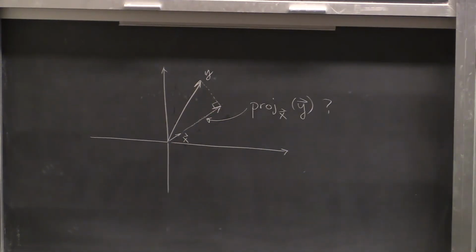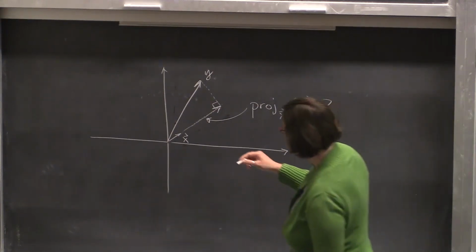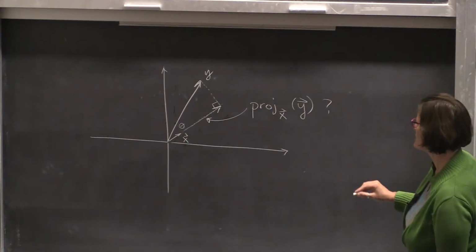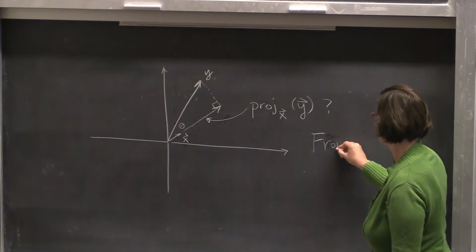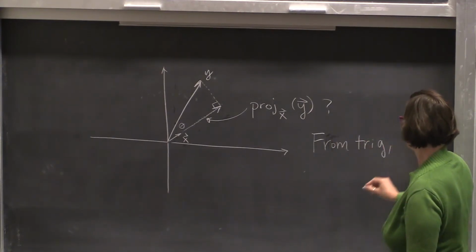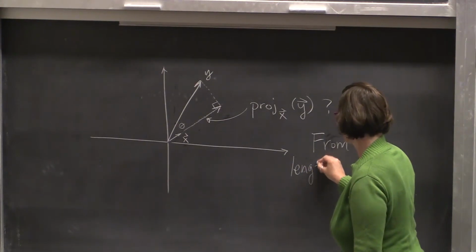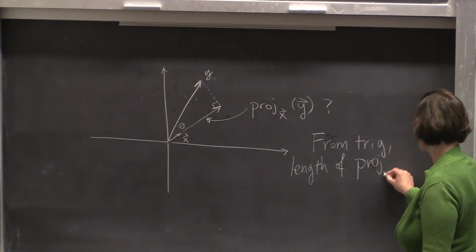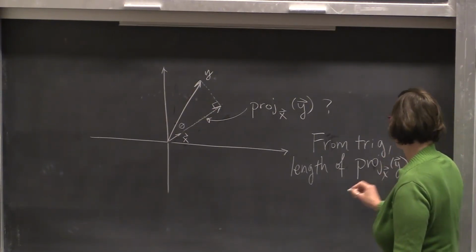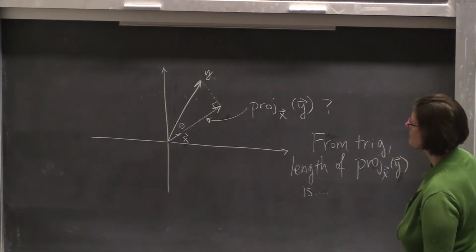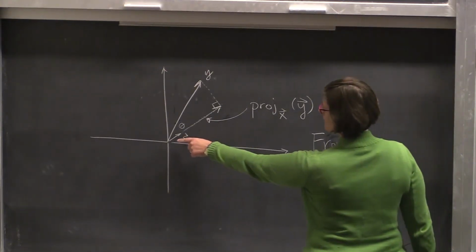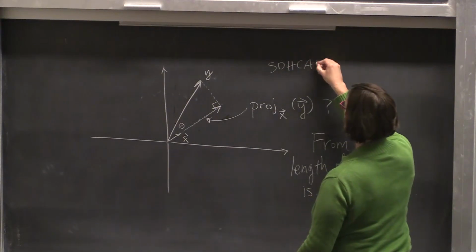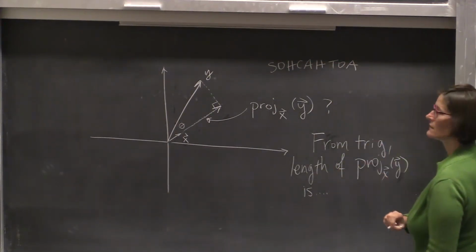So that is a trig problem. This is an angle, theta. And so from trig, we're looking at SOHCAHTOA, right?